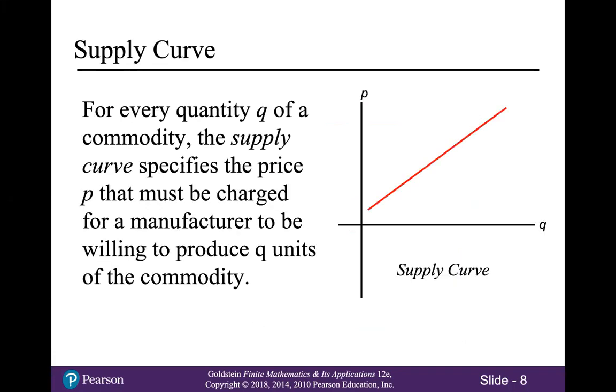All right, so that brings us to supply and demand curves. For every quantity Q of a commodity, the supply curve specifies the price P that must be charged for a manufacturer to be willing to produce Q units of the commodity.